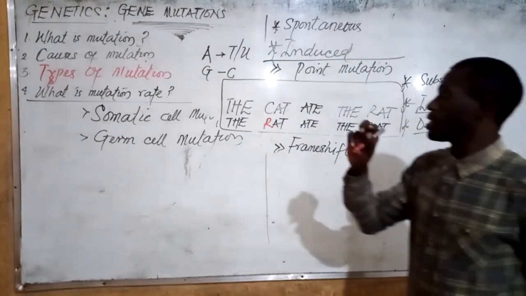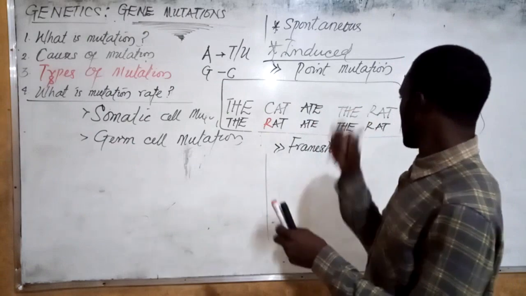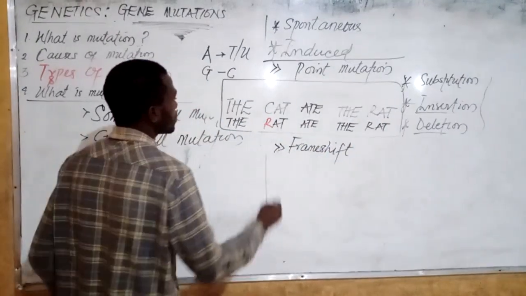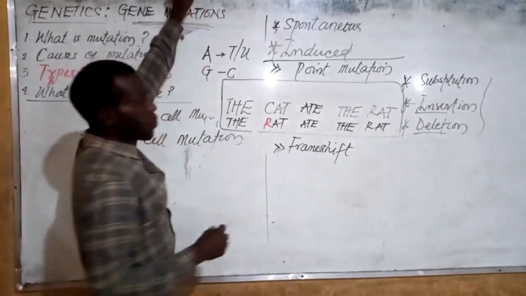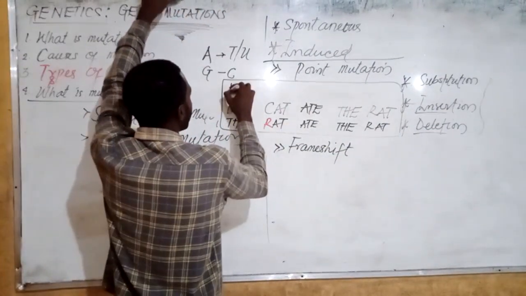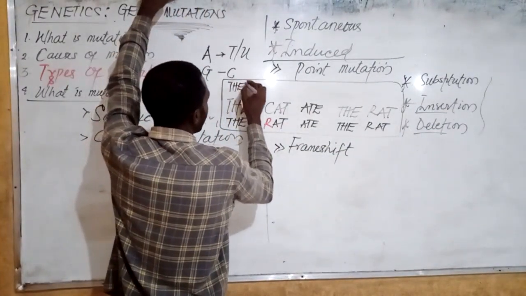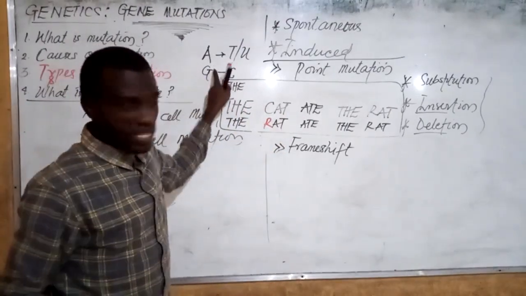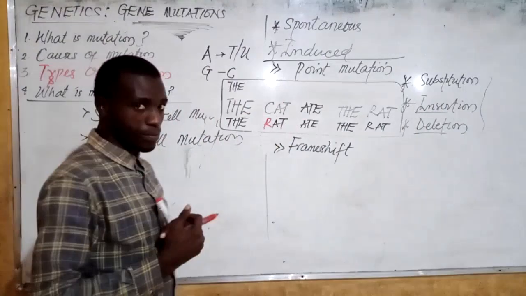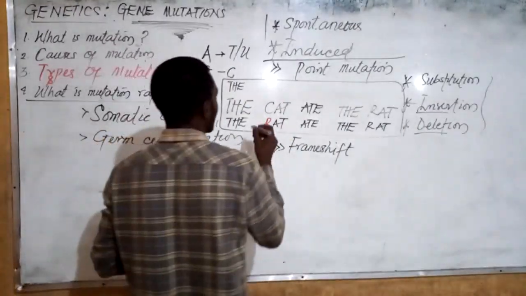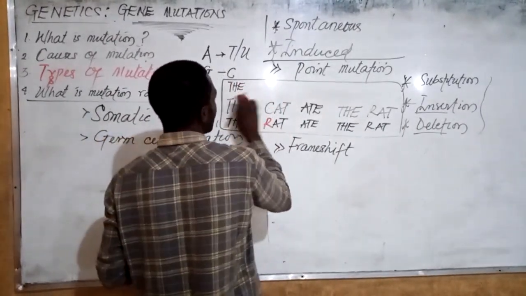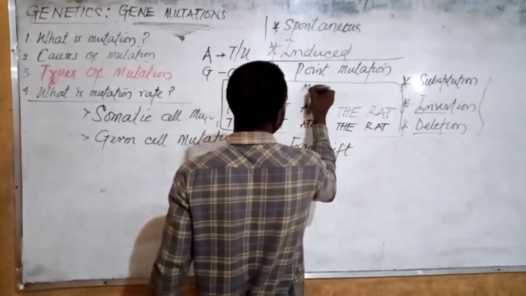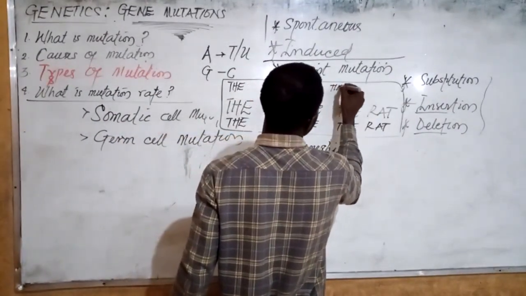If it is an insertion, for example, it could happen that one has been wrongly inserted. So if a nitrogenous base is mistakenly inserted here, for example, you now have something like this. Now, the sequence is supposed to be the cat. So let's say we had an X. The cat ate the rat.